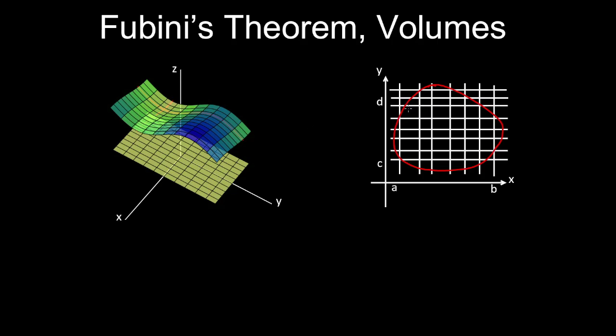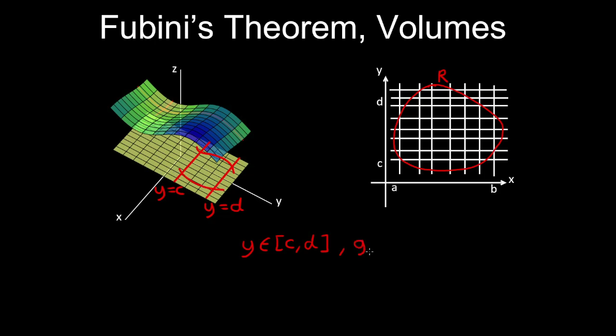We're going to look at a stronger form of Fubini's theorem for general regions that are non-rectangular. So suppose we have a region that's bounded by two lines at y equal to c and y equal to d. So in other words, y is inside this closed interval, and the other bounding curves of the region look something like this.